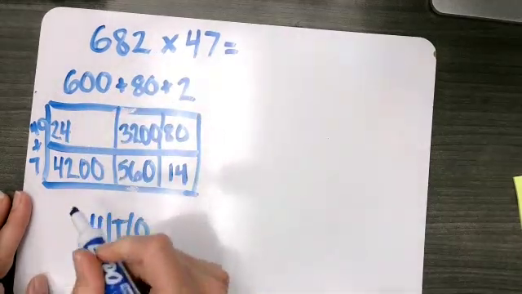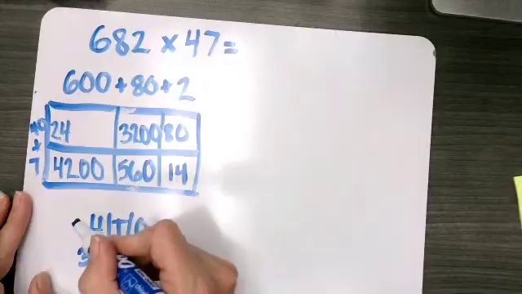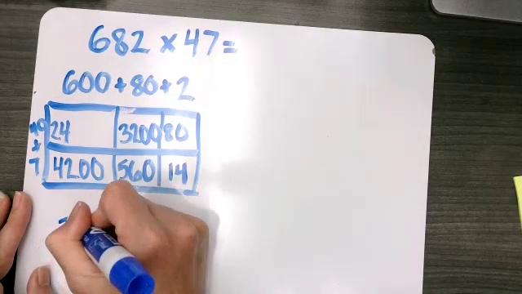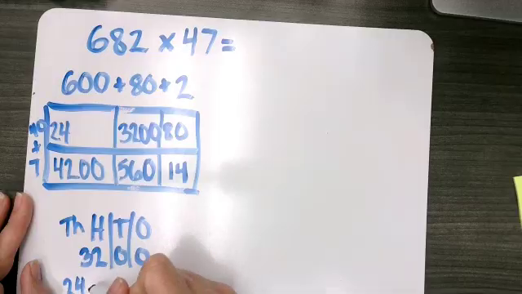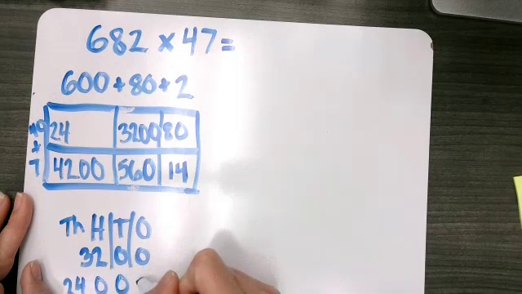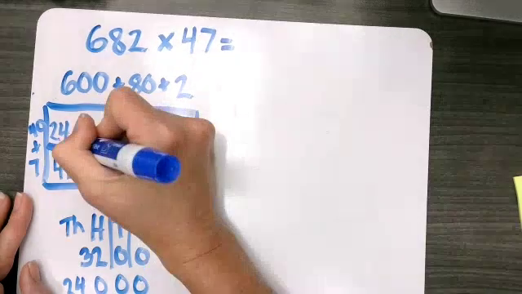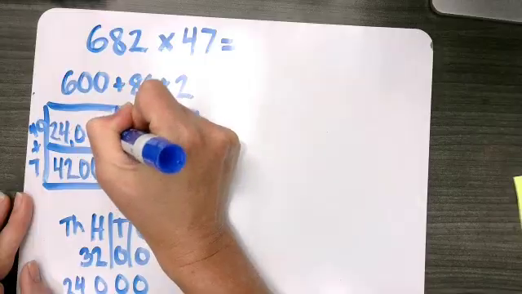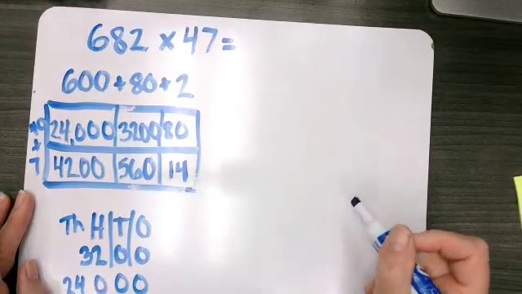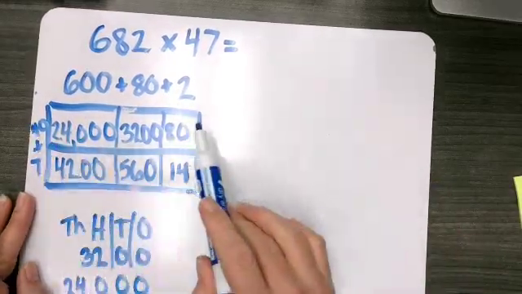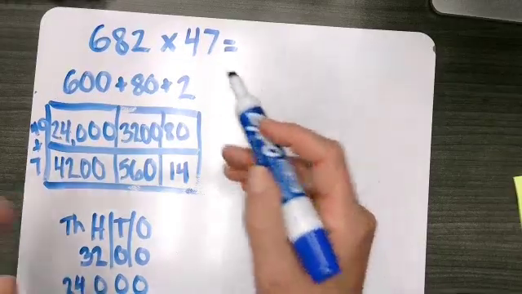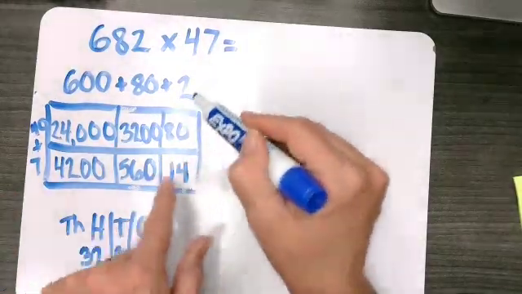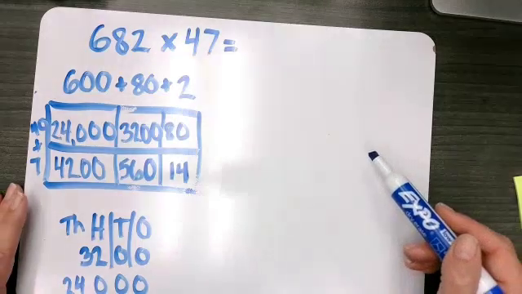So if we were to write the thousands place here, 24 thousands looks like this. So this is using the area model or partial products because we're finding the products of each place value.